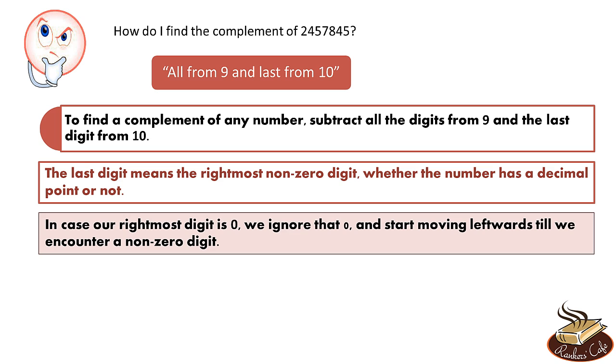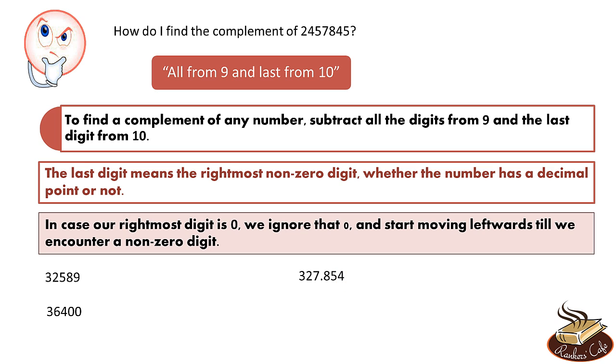For example, in 32589, the rightmost non-zero digit is 9, so our last digit is 9 here. And similarly, in 327.854, 4 is the rightmost non-zero digit, so 4 is our last digit.